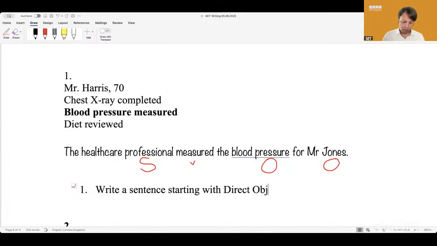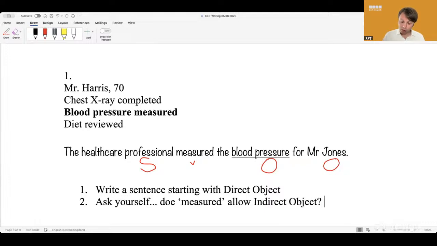Number two, ask yourself, does measured allow an indirect object? Does it sound right to you? Or does it sound strange? If you're watching a lot of TV and listening to lots of podcasts, you should get a sense of if something sounds correct or not, okay?